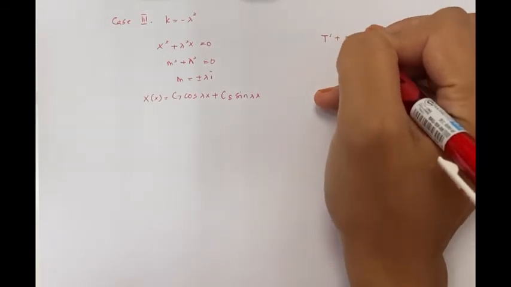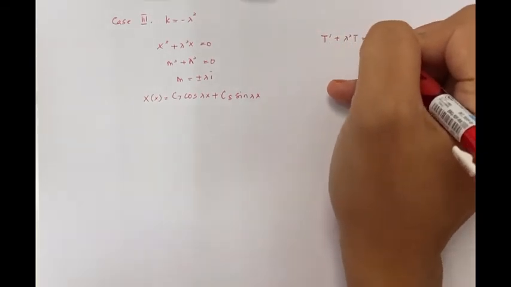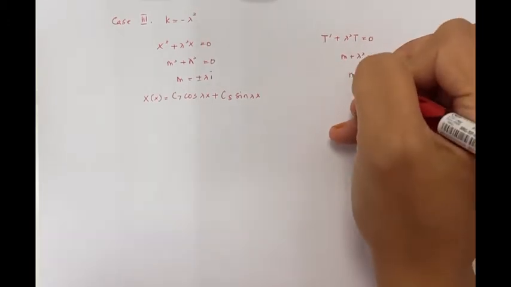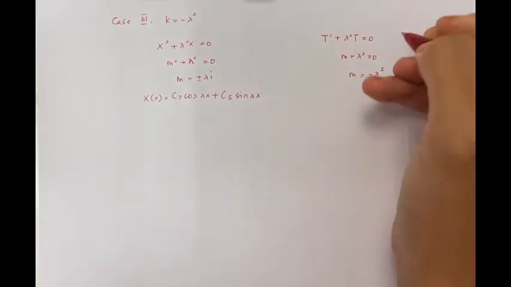T prime plus lambda square T equal to 0. m plus lambda square equal to 0. m is equal to negative lambda square.